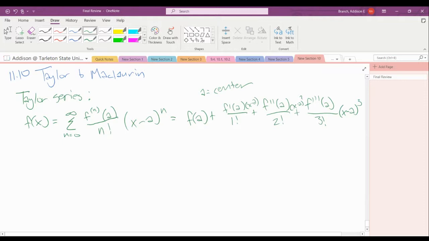And then from there, we can get even more specific. Maclaurin series are just more specific Taylor series.